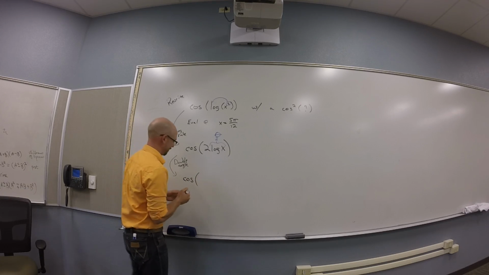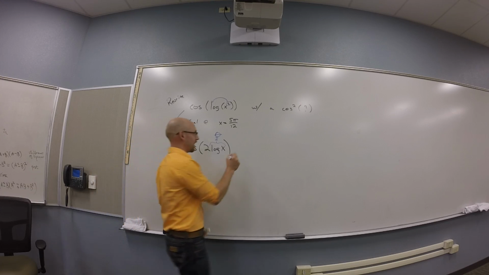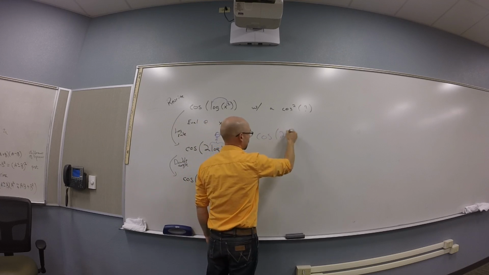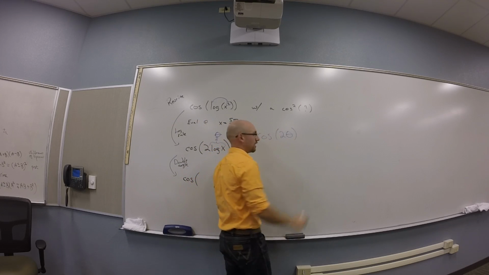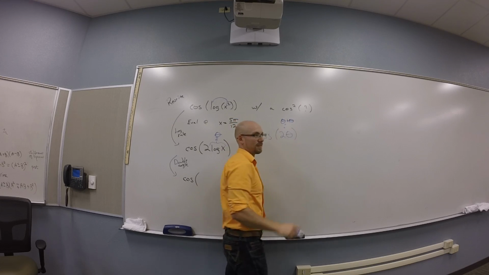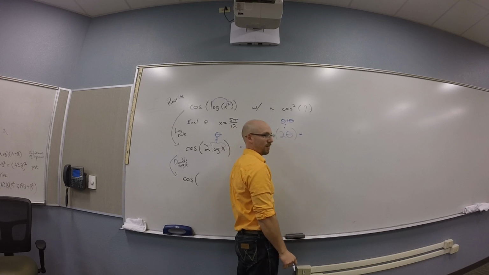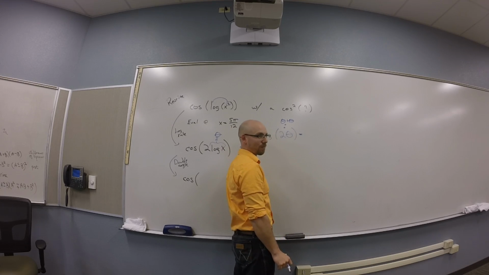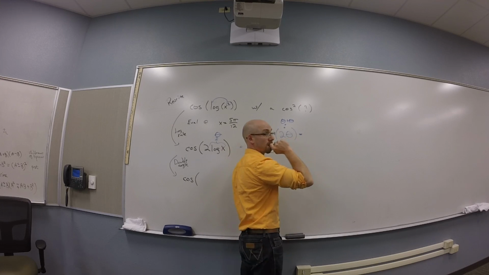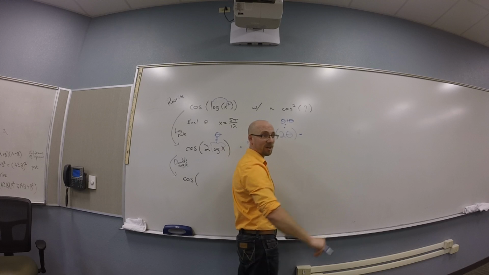Okay, so maybe I should try to recall cosine of 2 theta. So cosine of 2 theta is cosine of theta plus theta, right? So I could bust out the sum of angles identity, which is really where everything comes from. You guys remember the sum of angles identity for cosine?